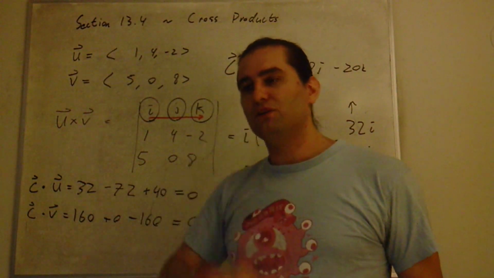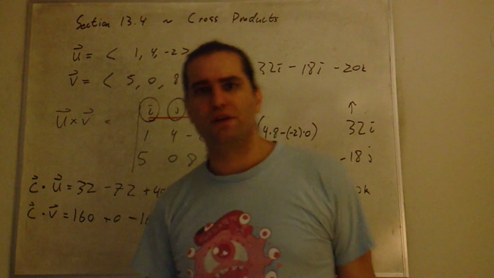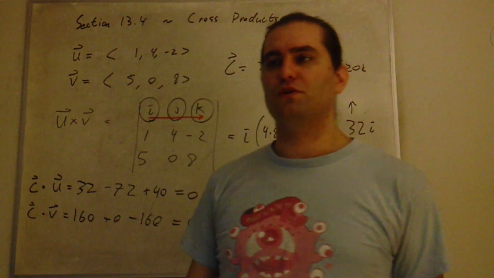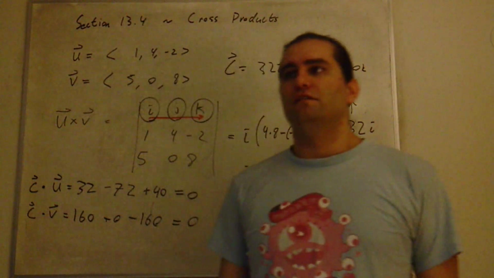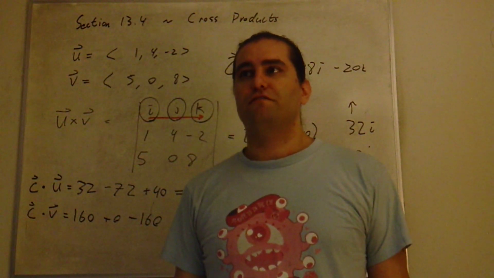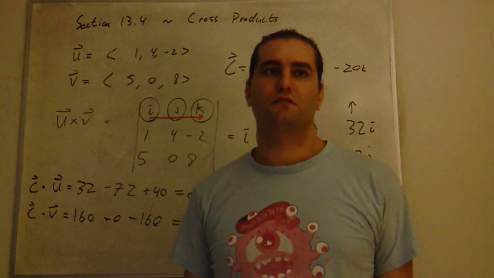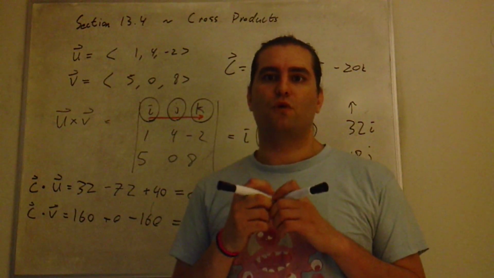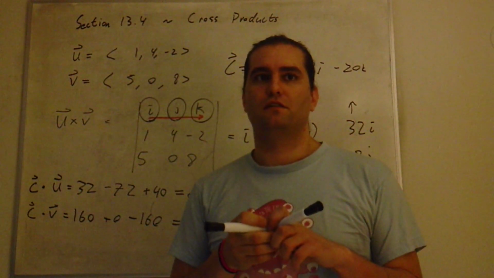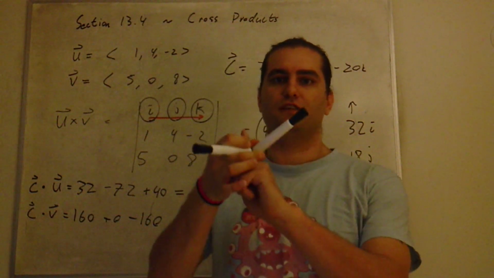So it won't come up immediately, but towards the end of the class we're going to be looking at vector fields that represent a surface, and we're going to want to find things that are perpendicular to that surface.